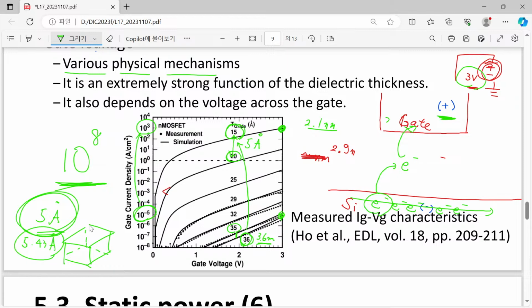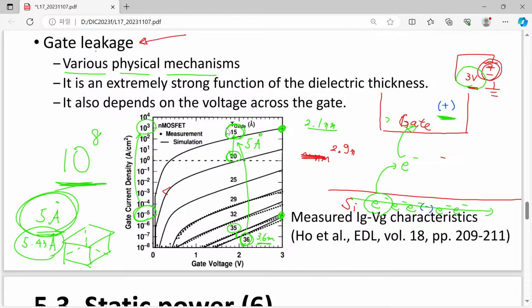So if you make your silicon dioxide one unit layer thicker or thinner, then you will have 100 times larger leakage current or more than 100 times lower leakage current. So simply speaking, it is an extremely strong function of dielectric thickness, and it is ever increasing.